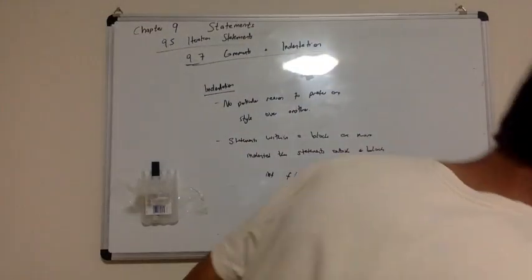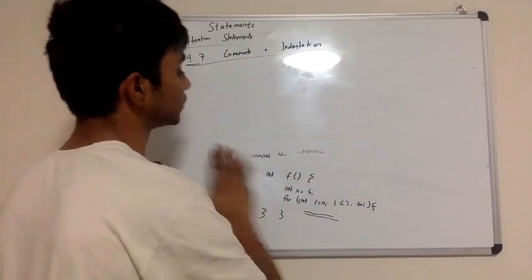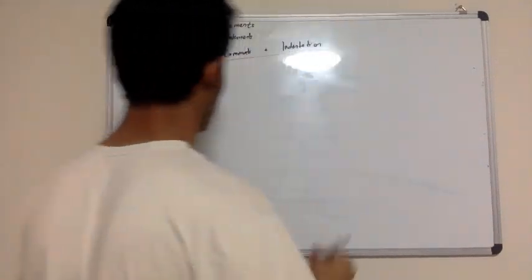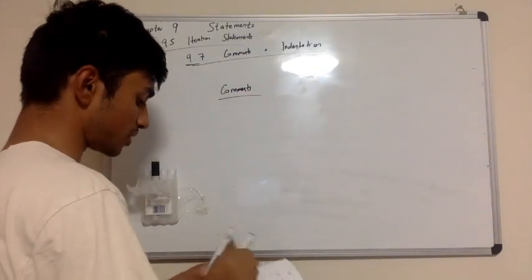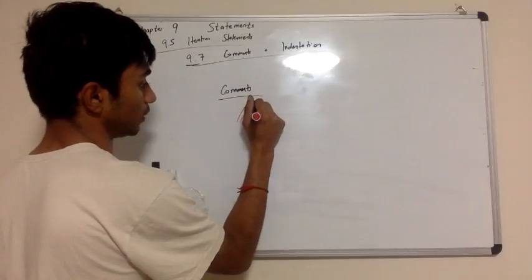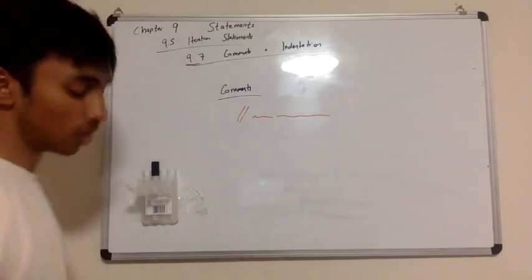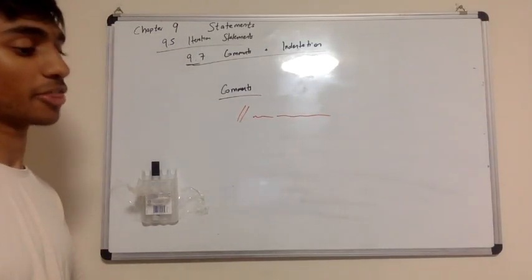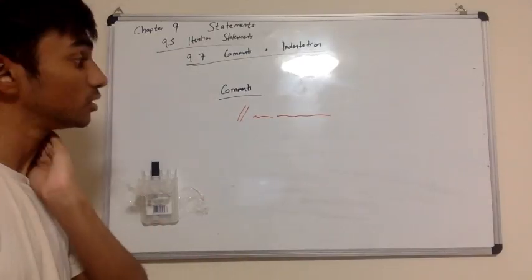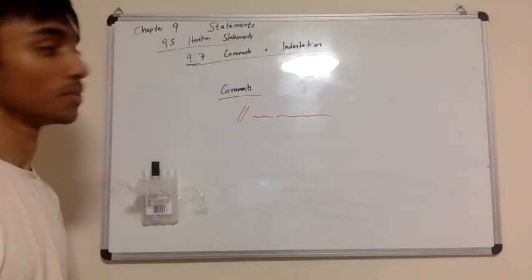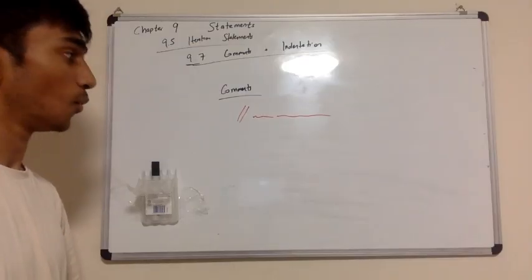And then for comments, in terms of syntax, one-line comments you typically write like this. And comments, I should probably say, are basically things that the compiler won't recognize, won't be part of the program at all. It's usually just a way for programmers to remind themselves or explain to other programmers what code is doing.